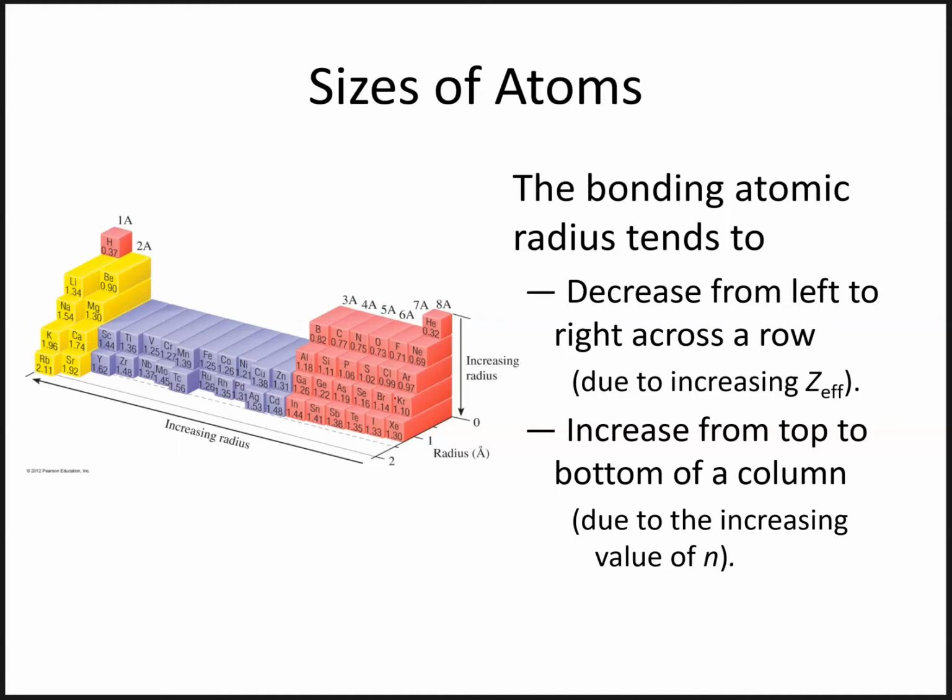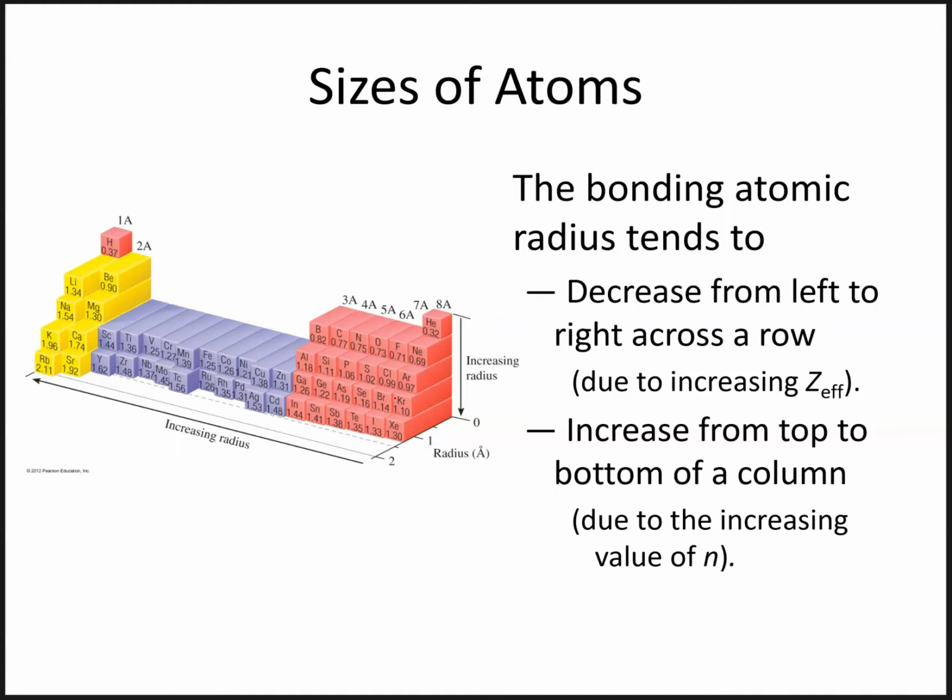All column 1 elements have a plus 1 effective nuclear charge on their outermost electron. Column 2, plus 2. Column 3A, plus 3. Column 4A, plus 4, and so on and so forth. As a result, the size of an atom shrinks as you move from left to right.